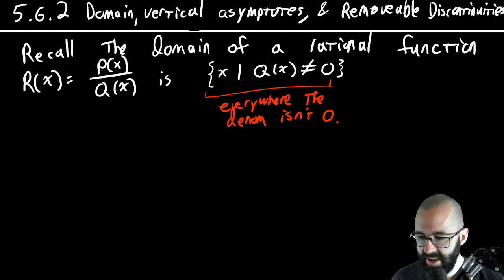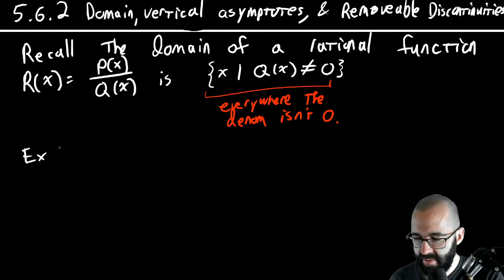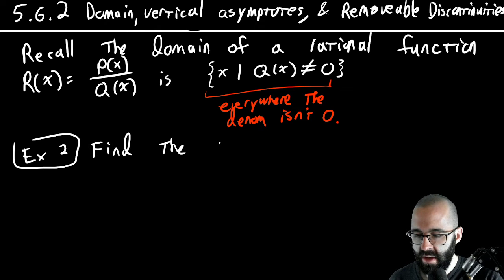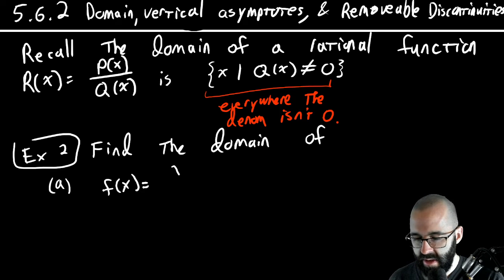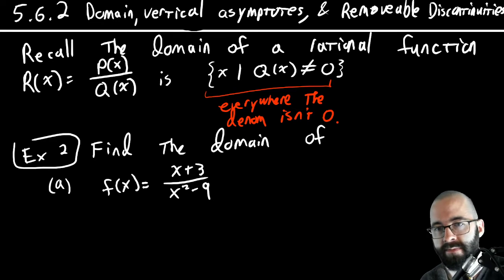Well, let's do some problems. Example 2. Find the domain of these rational functions. F of x equals x plus 3 over x squared minus 9.